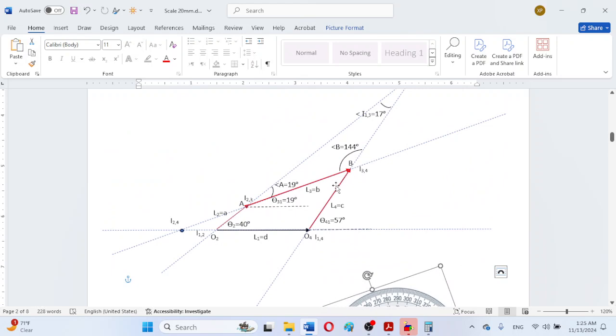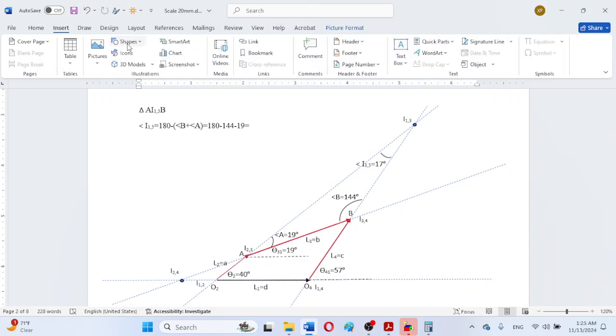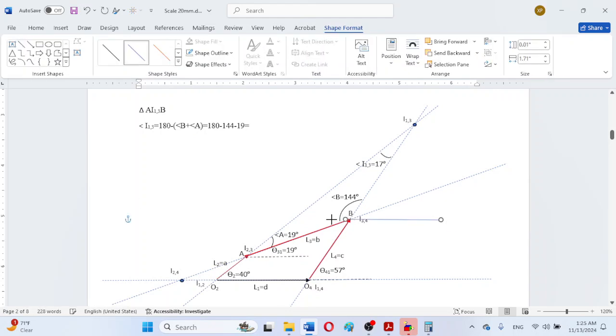So for this, wherever the angle measurement is required, we will always be using the imaginary horizontal and vertical references. So for example, just draw a horizontal reference line at this location here like this.